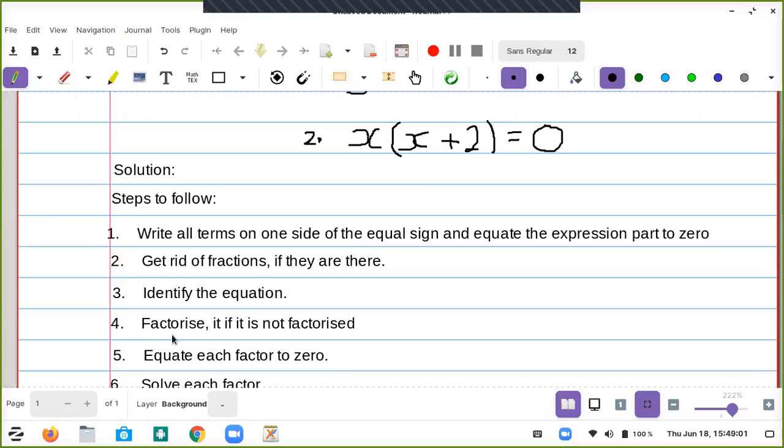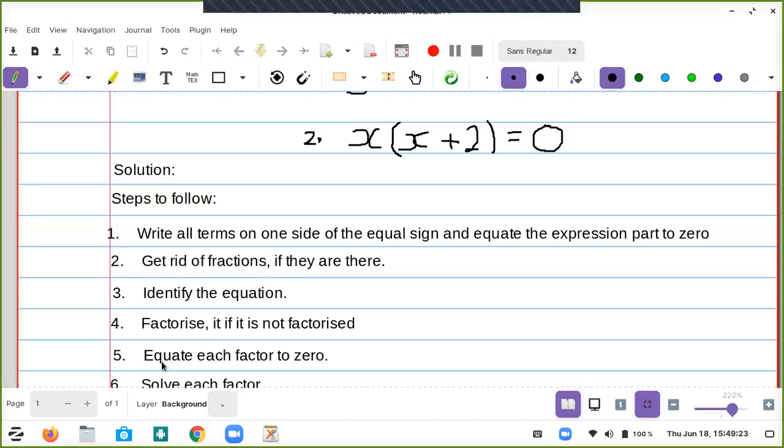Then step number 4, I have to factorize. That is, if it is not factorized, I must factorize it so that I can then solve the problem by using factorization. Then step number 5, equate each factor to 0.